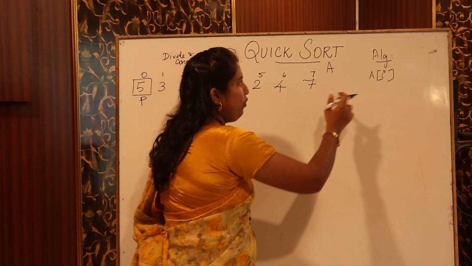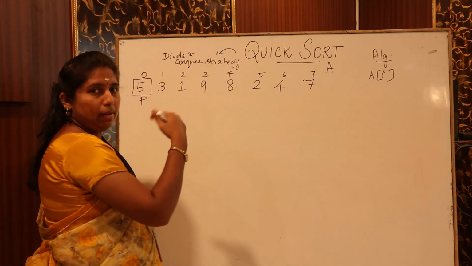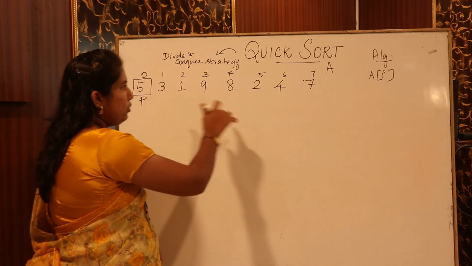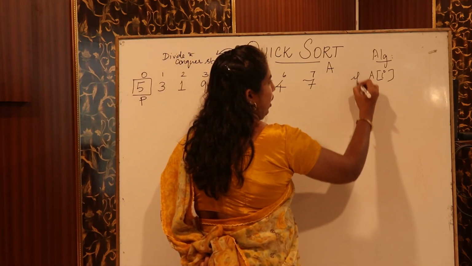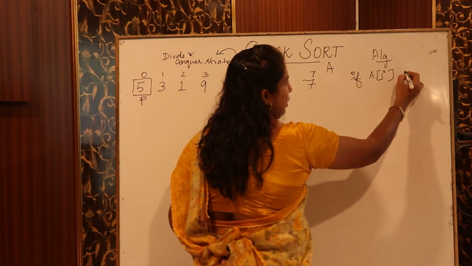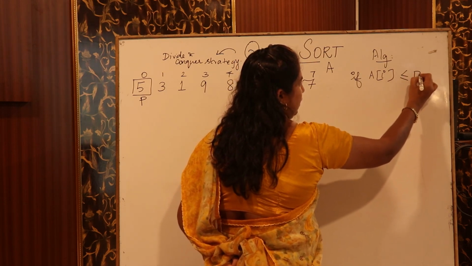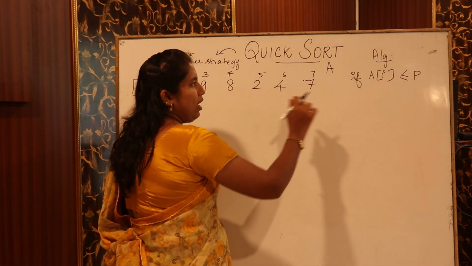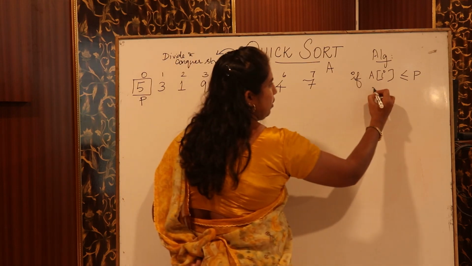I am going to check each index and compare it with the pivot element. If A of I is lesser than or equal to the pivot, then I am going to move this I to the right.